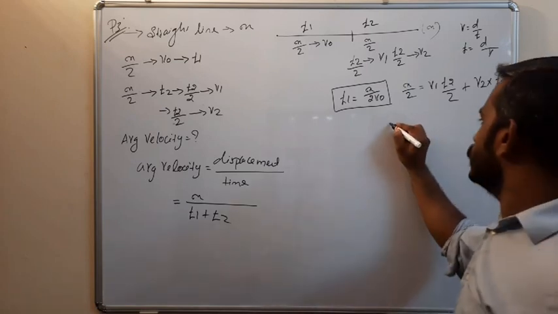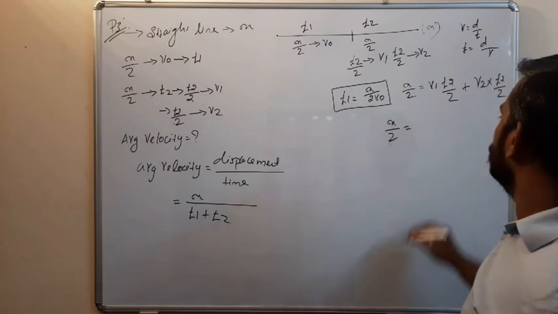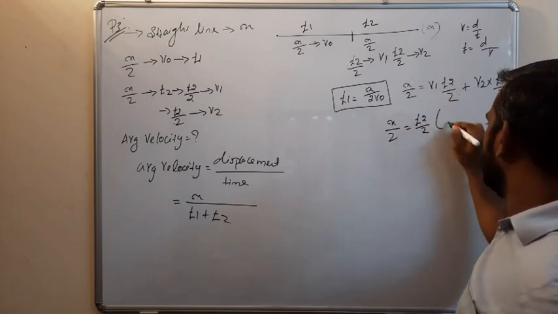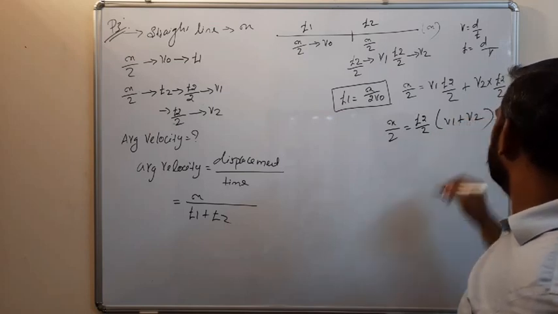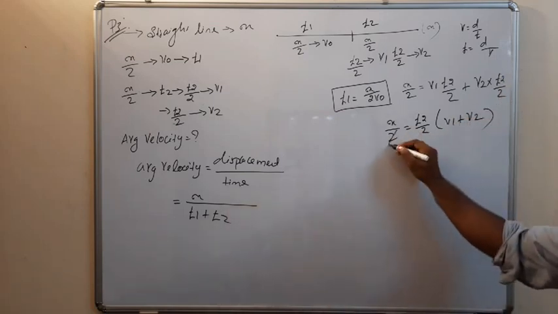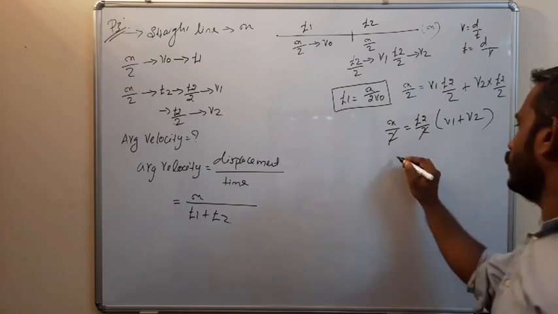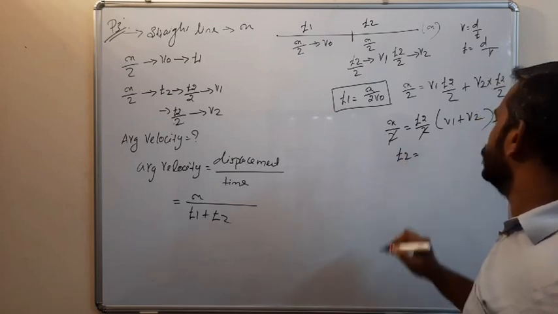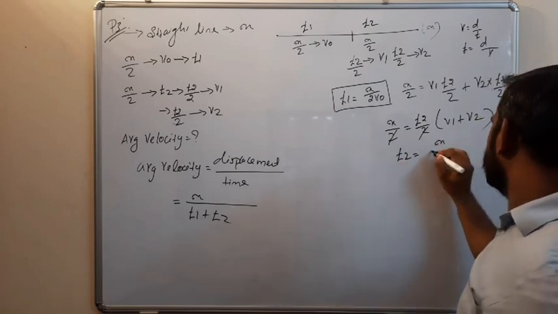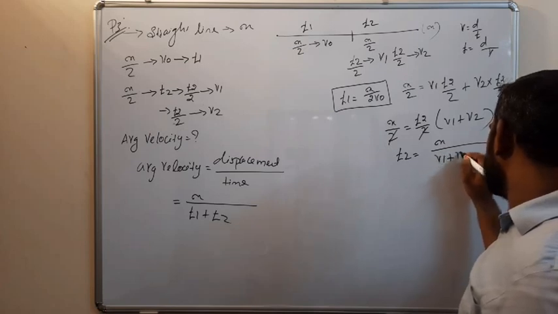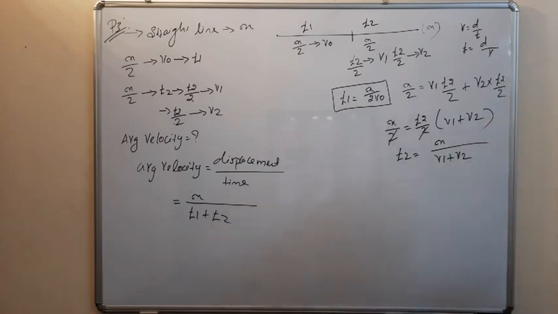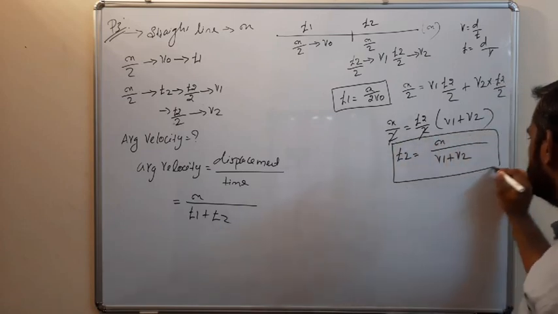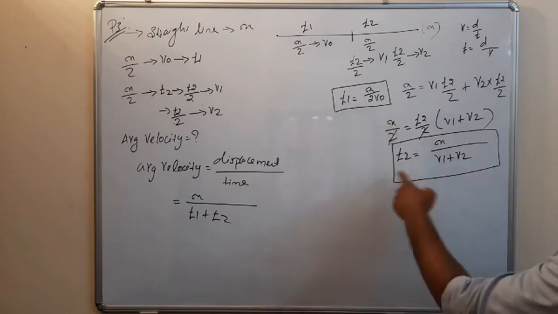Taking t2 by 2 common, x by 2 is equal to t2 by 2 into v1 plus v2. These two cancel, so time t2 is equal to x divided by v1 plus v2.